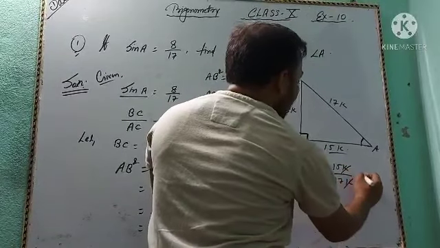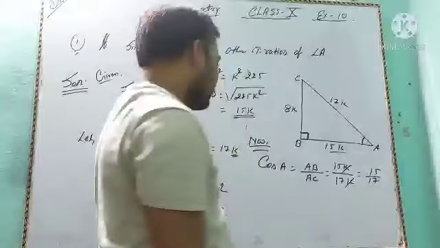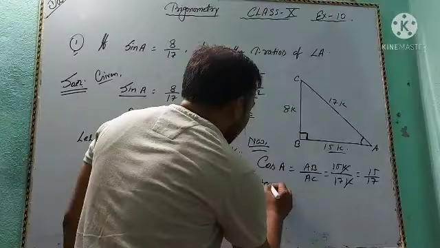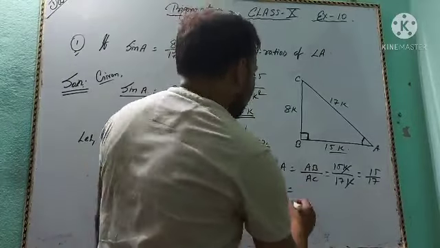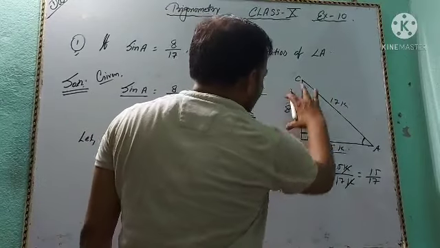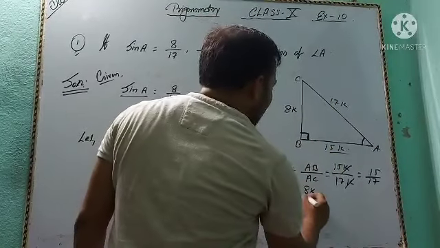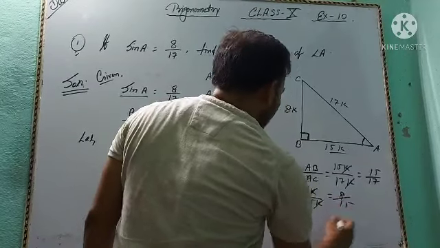K is cancelled, that is 15 by 17. Okay, tan A is equal to perpendicular by base. So perpendicular is BC and base is AB. So BC is equal to 8K by 15K. K is cancelled, that is 8 by 15.